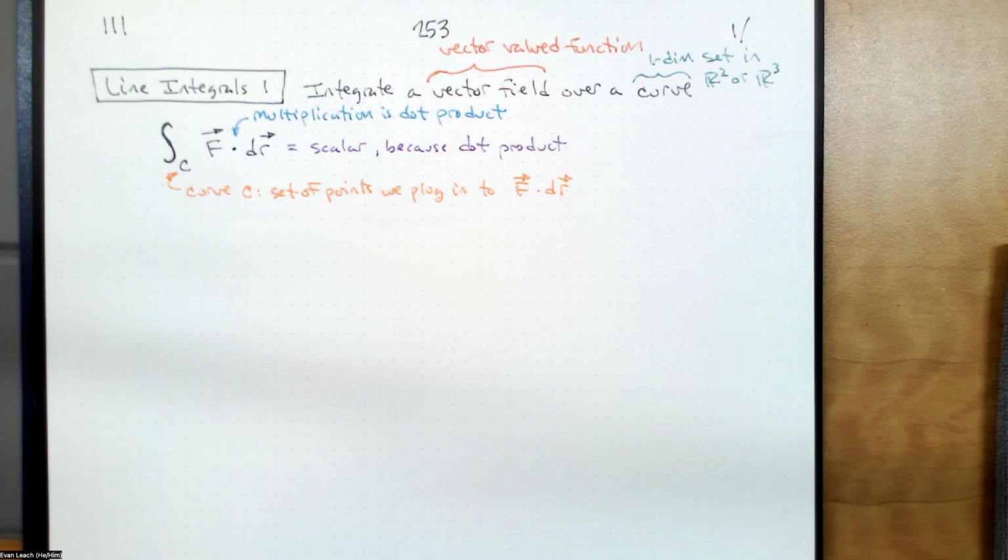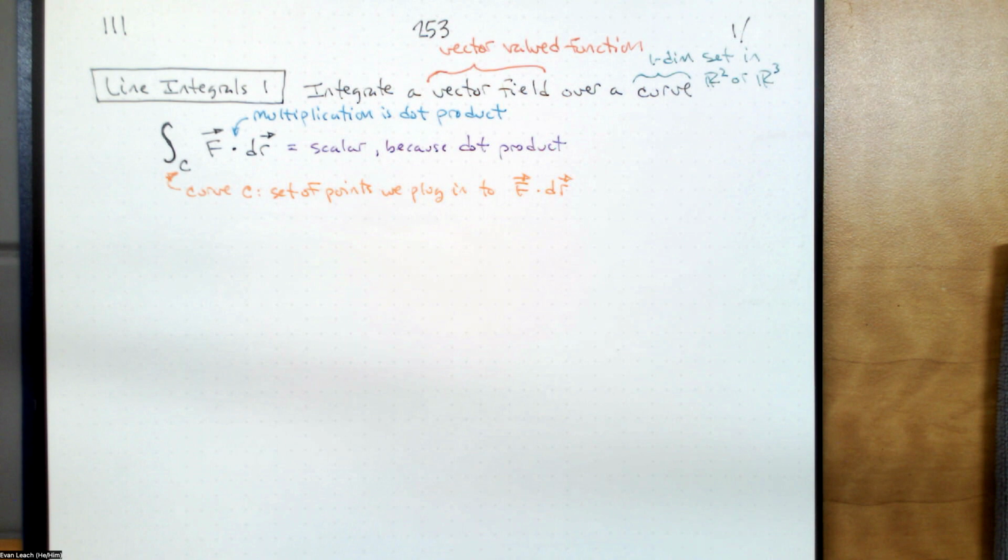That's what we've added in this line integral business. In the integral from a to b of f of x dx, the f of x and the dx were just scalars. They didn't have direction. We weren't losing something because the factors were not going in the same direction. Now, the factors might not be going in the same direction, and that reduces how much of the product we get.